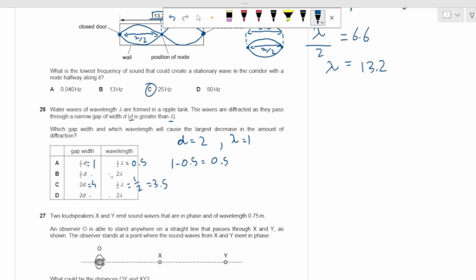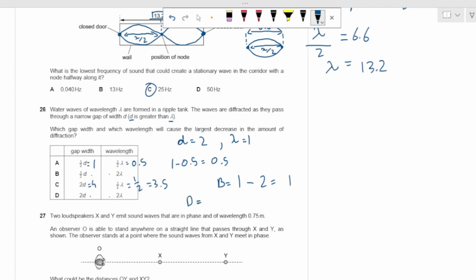Let's see for the other ones as well. For option B, which was 0.5 into 2, that is 1, minus 2 multiplied by 1. That will just give us the difference of 1 basically. Doesn't matter if it's minus 1, the difference is actually just 1. We can do the same thing for this 2 and 2, but we're going to get a low difference.